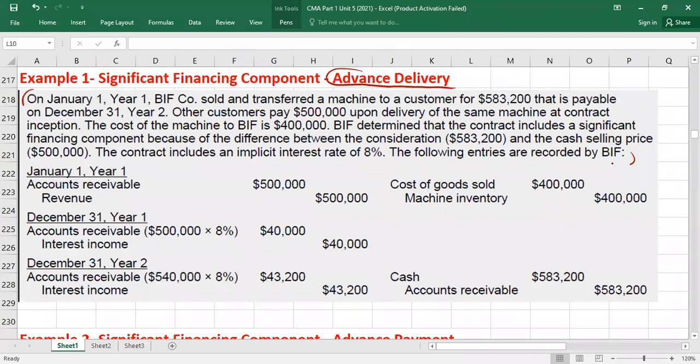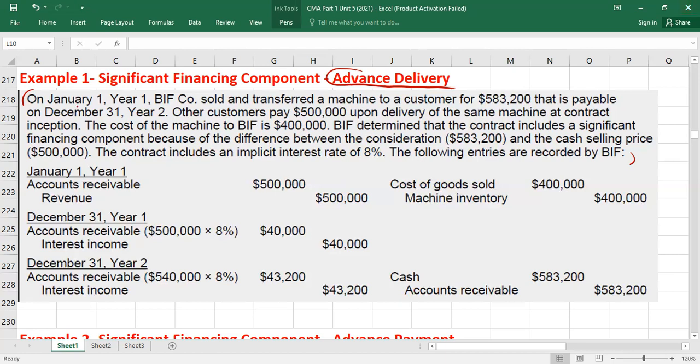Just read carefully what data is given. Are you ready for the example?